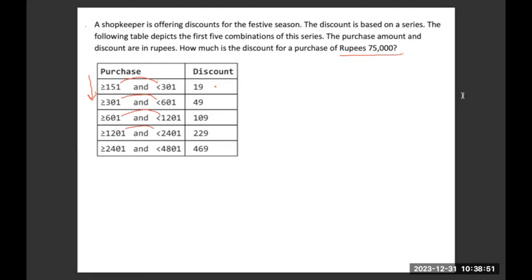Sure, let's do it. Okay, it's a little bit tricky. So I'm just extending the table further. You try answering this, I'm doing the calculations here, okay?